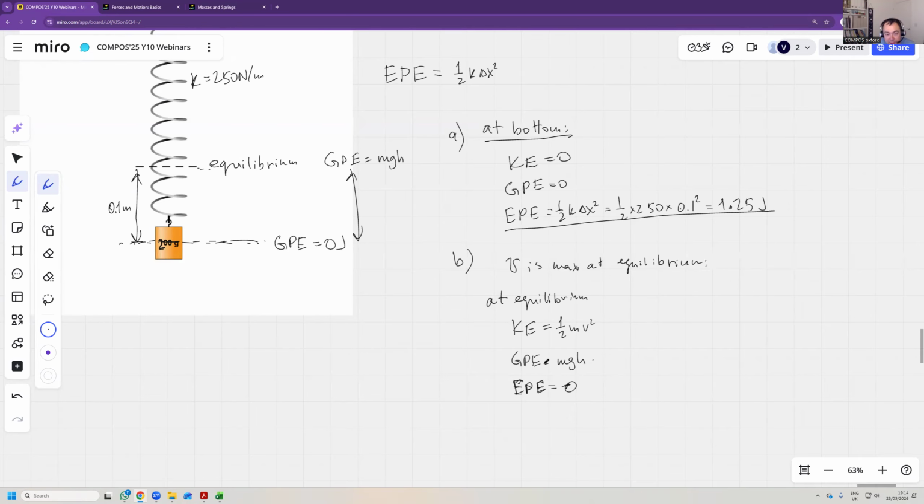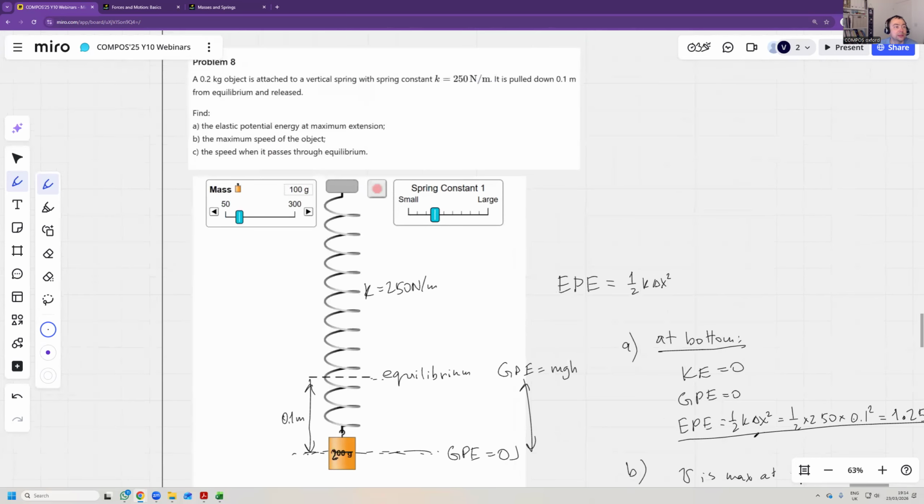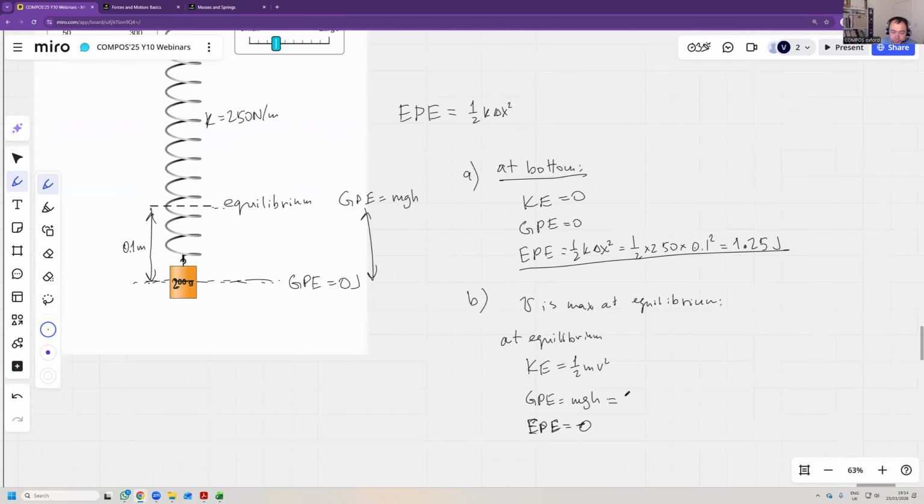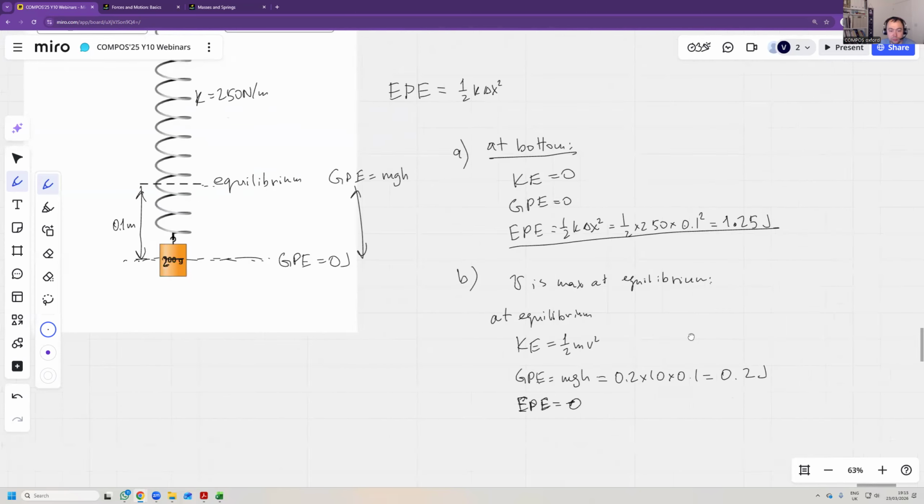And now you can say that mgh, what is that? 0.2 times 10 times 0.1, which is 0.2 joules.